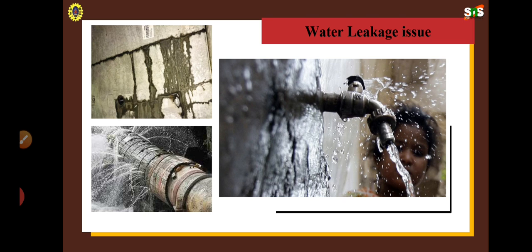Now let's enter into the case study, the water leakage issue. It is the most important problem in Bangalore. In Bangalore, one of the most complex issues is the water crisis. Water is being lost due to leakage and other reasons.